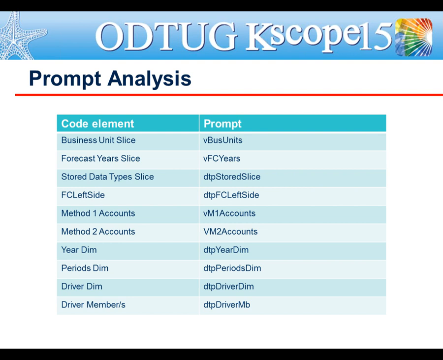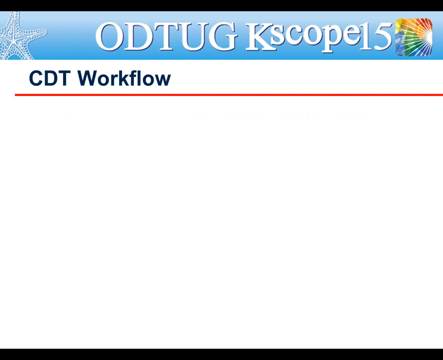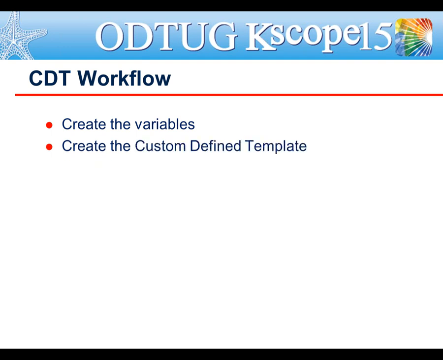So now that we've thought through the code and the variables that we need, what's the workflow for actually running this? First, we'll create the variables because as we go through the CDT, we're going to need those variables to be already created. We'll create the custom defined template. We'll drag in a predefined script component with the rolling forecast code.